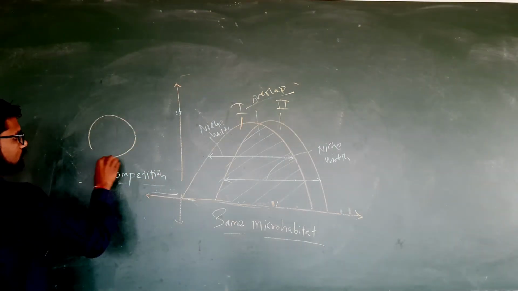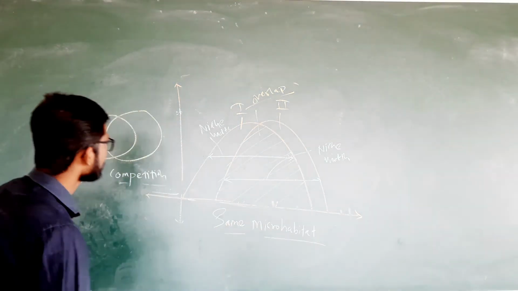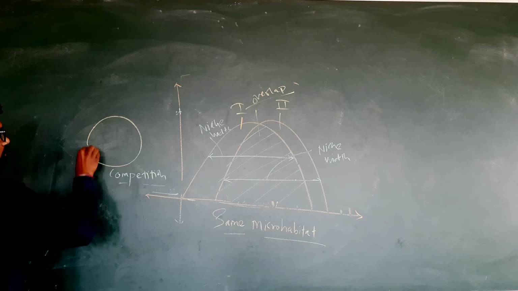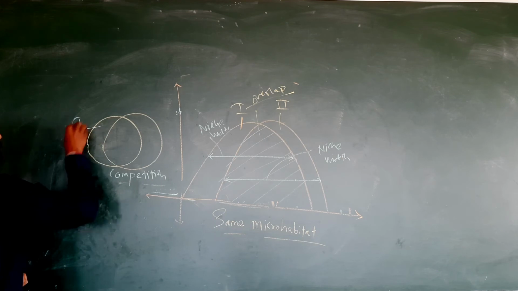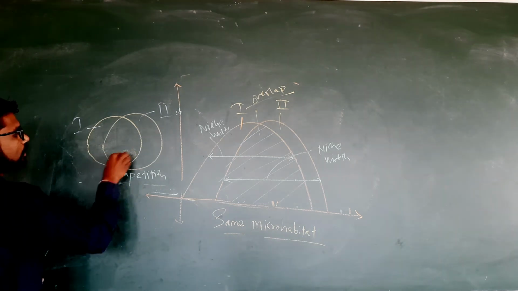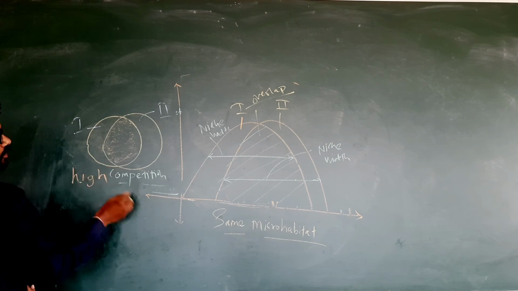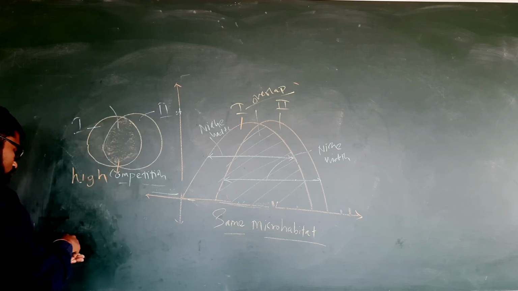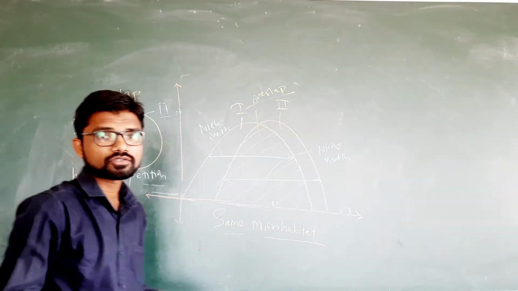How can we draw this line? Exactly. This is the first animal and this is the second animal, where there is high competition in that place, where the niche overlap is also high.